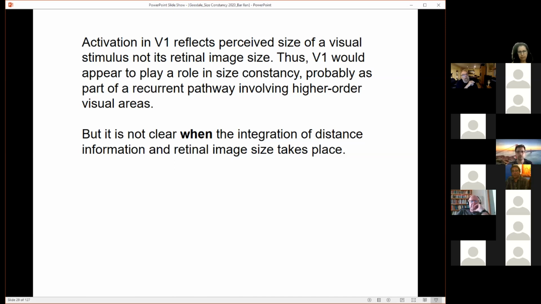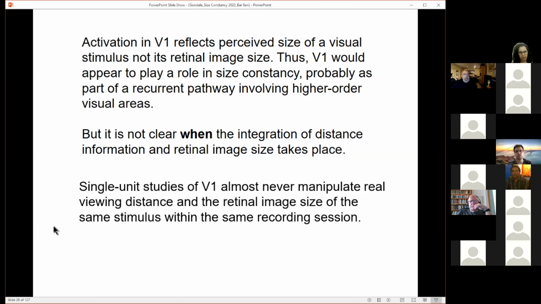It's not clear whether or not this takes time to build up in V1, or whether it's there from the get-go. And of course, we don't know much from monkeys, because most single unit studies of V1 almost never manipulate the viewing distance and the retinal image size at the same time. And so there's been very, very few studies that have looked at the relationship between viewing distance and retinal image size in single unit work.